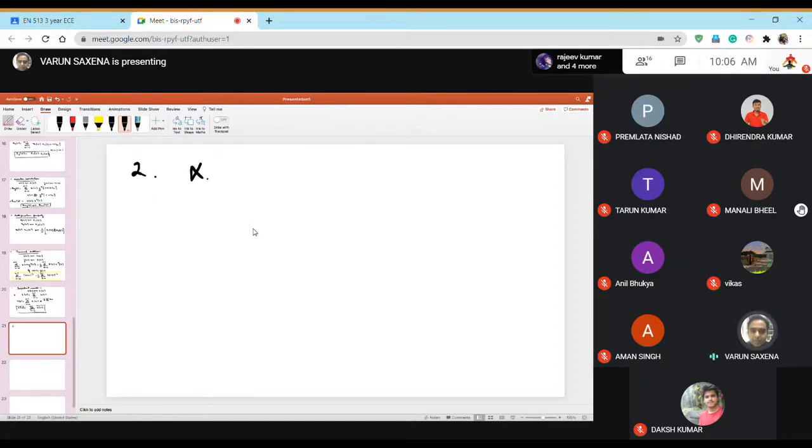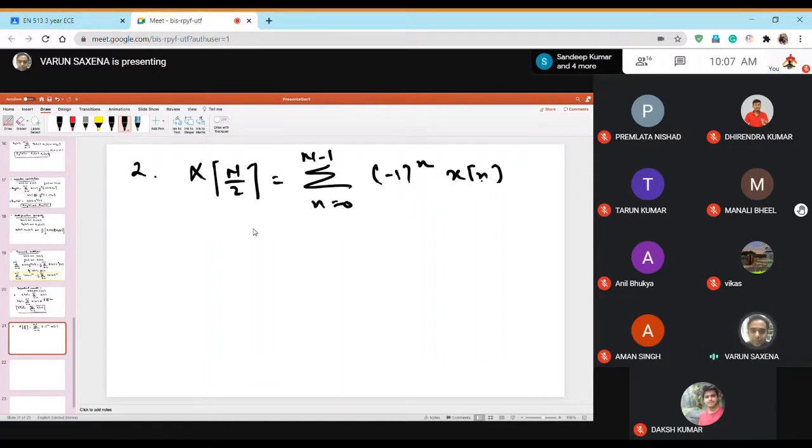The second result is capital X[N/2]. If you evaluate it, it will come out to be summation n from 0 to N minus 1 of minus 1 to the power n x[n]. You can simply put the value of k as N by 2 and you will get this answer. Third is small x[0], which will be equal to 1 upon N summation k equal to 0 to N minus 1 of X[k].